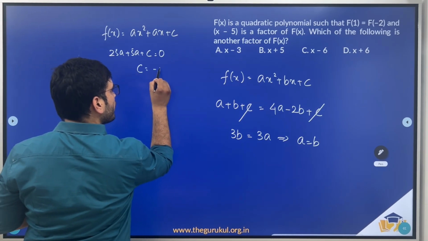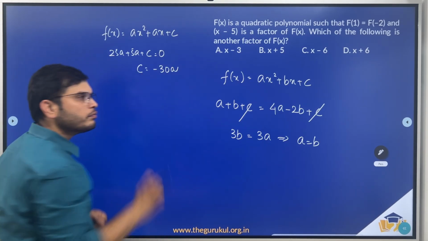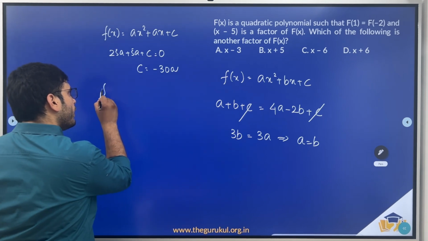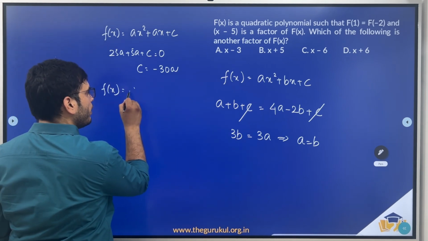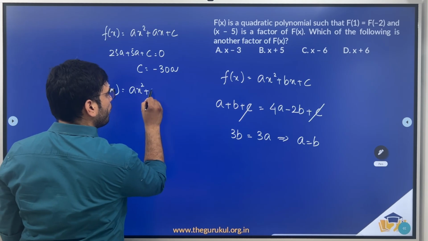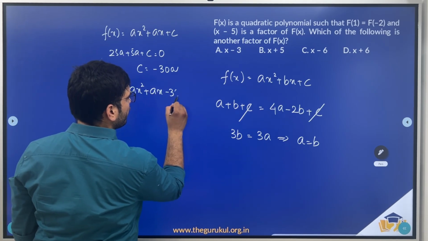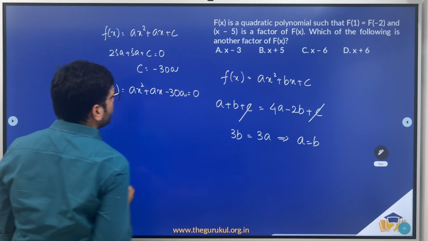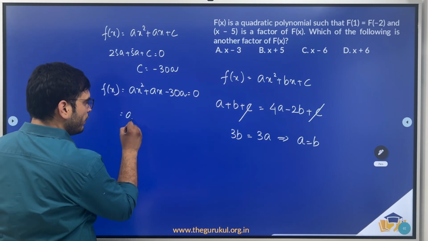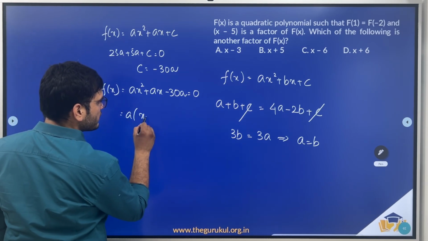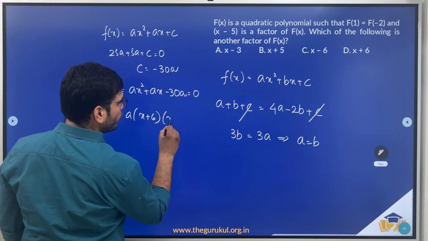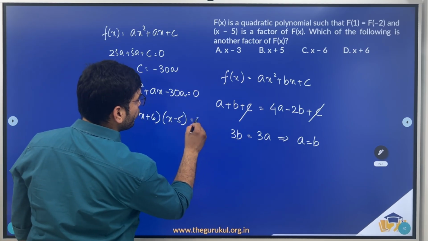So c is nothing but minus 30a. So f of x looks like ax square plus ax minus 30a, which would be a into x plus 6 into x minus 5.